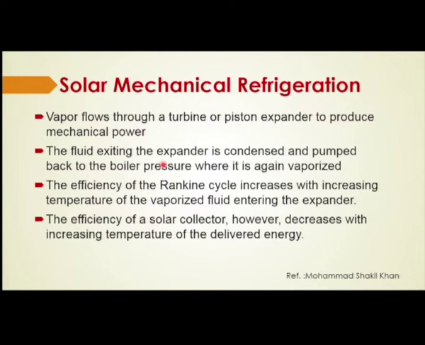So, if we compare the efficiency of the Rankine cycle and the efficiency of the solar collector, only one can have more efficiency. If we increase the efficiency of the Rankine cycle, the efficiency of the solar collector will be reduced.